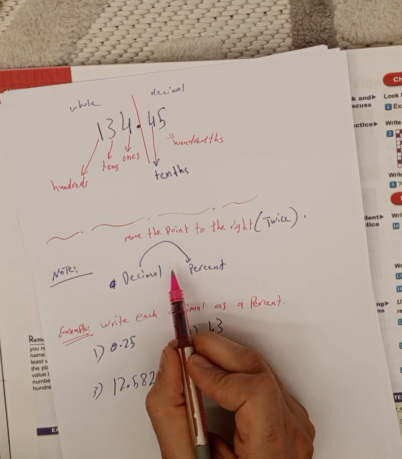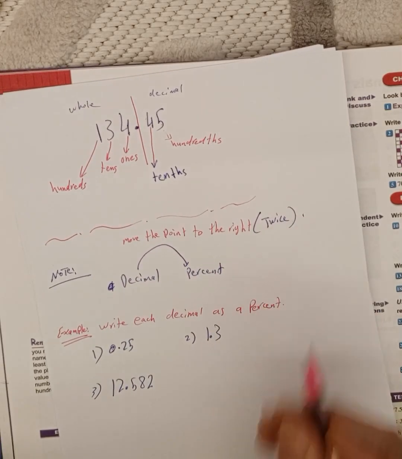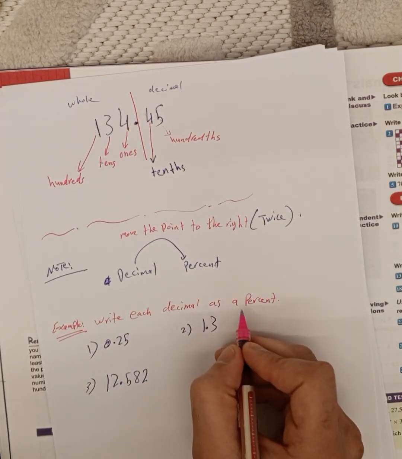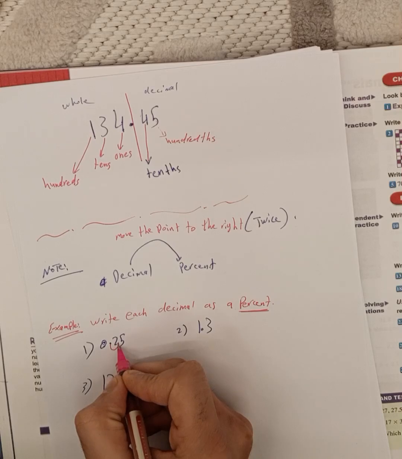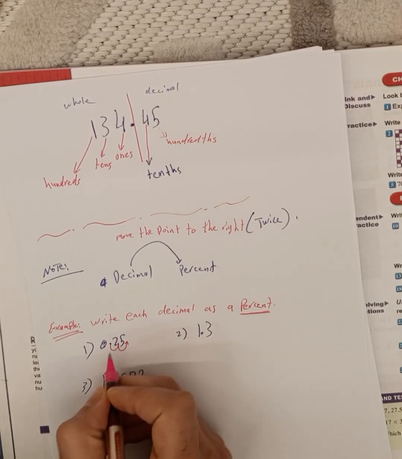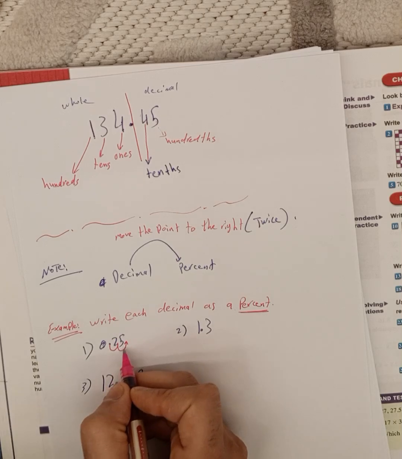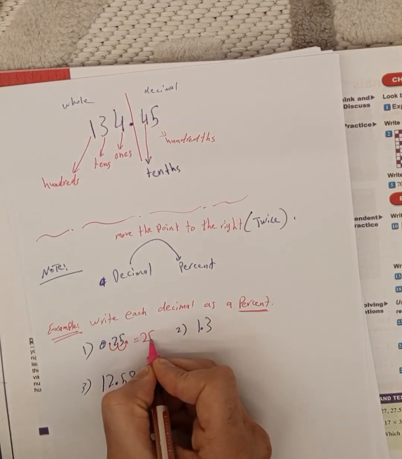Look at this note. We say move the point to the right twice. First, move the point because we want to change to percents. 1, 2. Now the point between 0 and 2 has moved to the end of the number. Now it is 25.